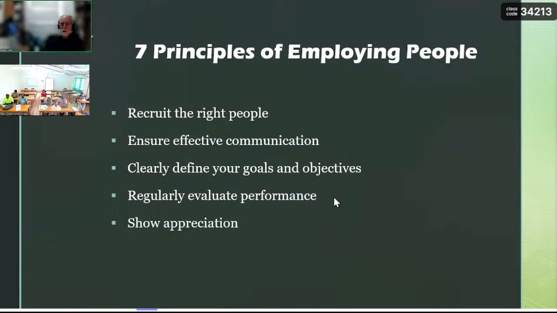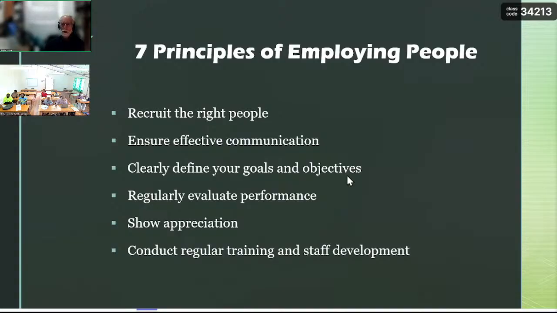Show appreciation, so important. One of the most important things when you're working with people, praise them on what they've done. Value people, show appreciation.